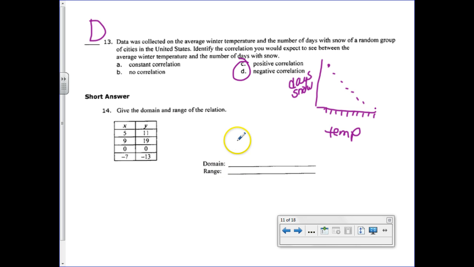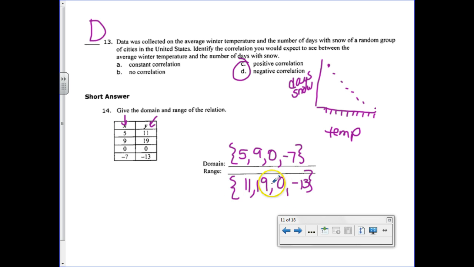Number 14, state the domain and range. Here comes the domain. The domain is your input, your x values, 5, 9, 0, and -7. The range values are your output values, in other words, the y values, 11, 19, 0, and -13.